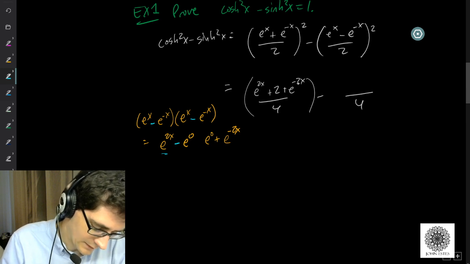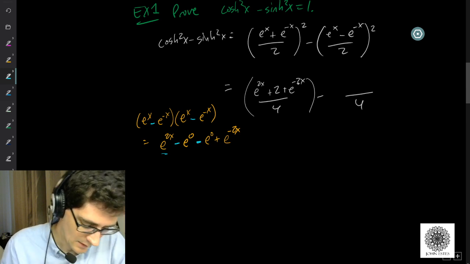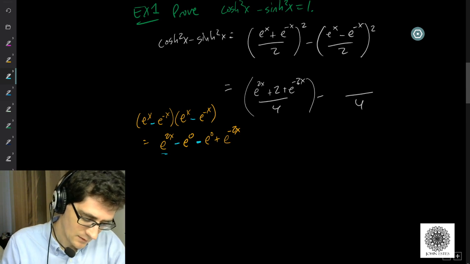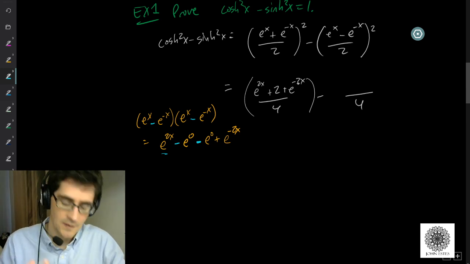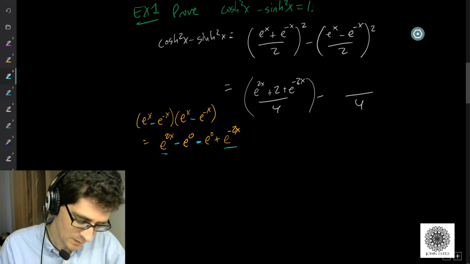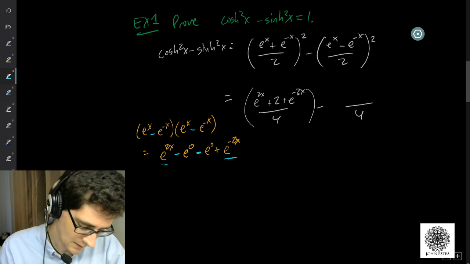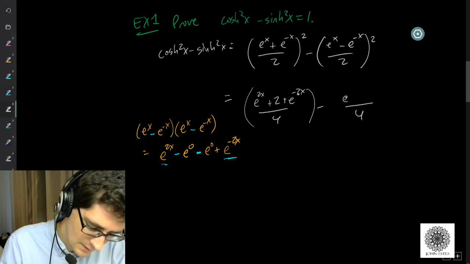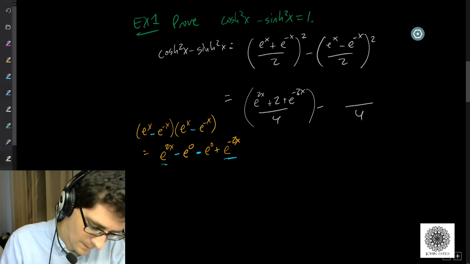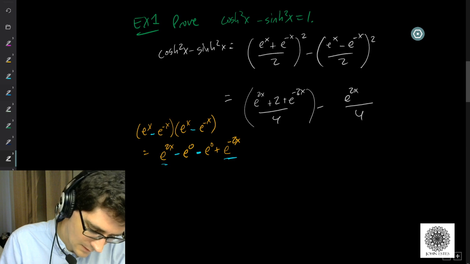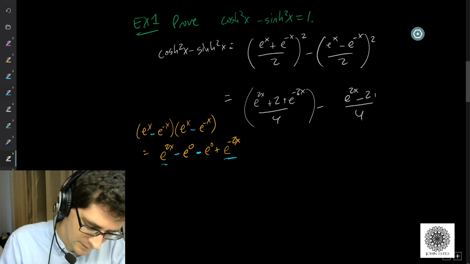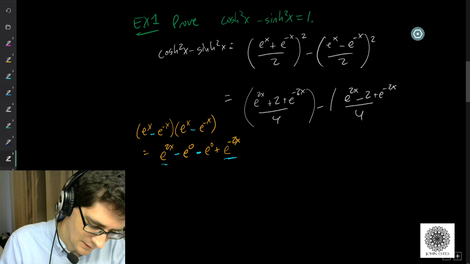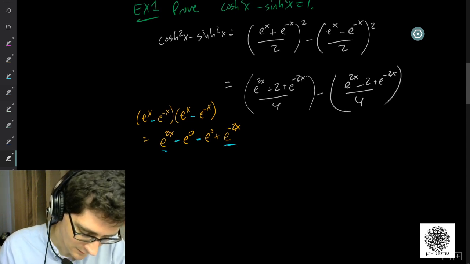On the inside, I end up with a negative again. And then lastly, I end up with negative e to the negative x times negative e to the negative x becomes positive e to the negative 2x. So I get a very similar thing here. I end up with e to the 2x minus 2 plus e to the negative 2x. And I am subtracting all of that.